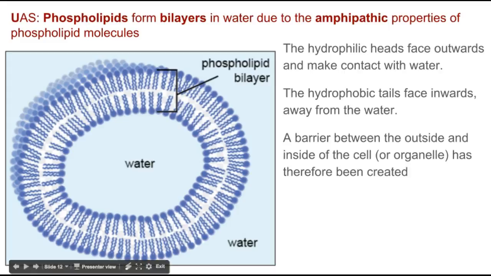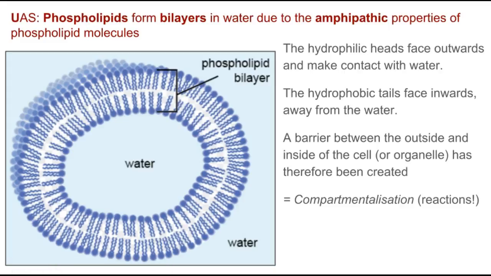The barrier between the outside and the inside of the cell, or within the organelle, is therefore being created. This is known as compartmentalization. It's really important to separate out these environments so that cellular or chemical reactions can occur.